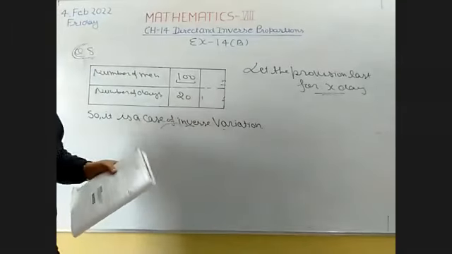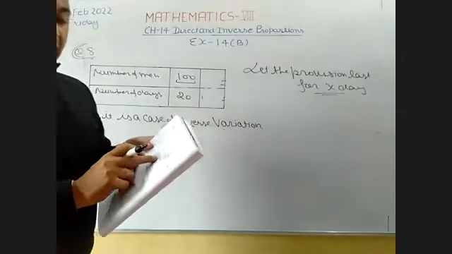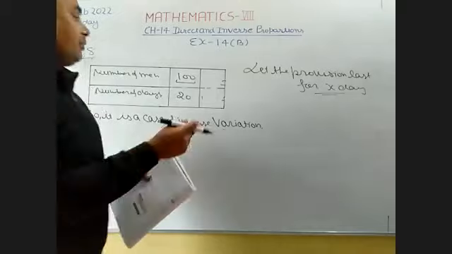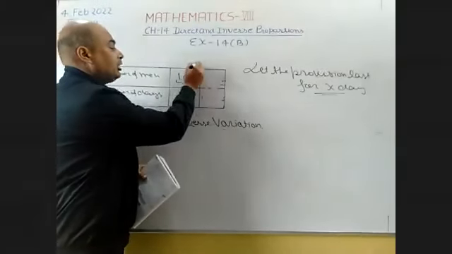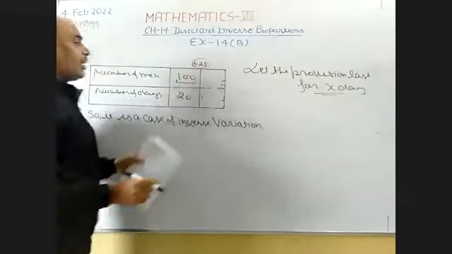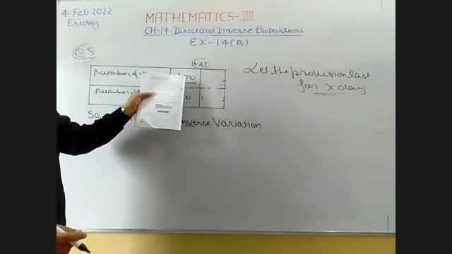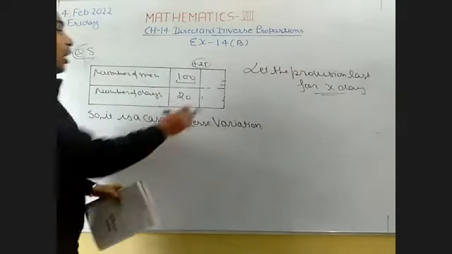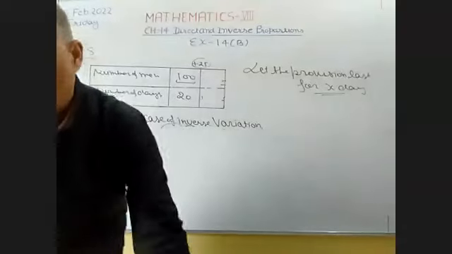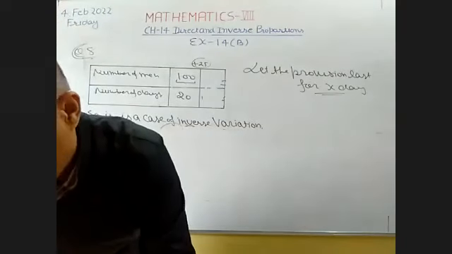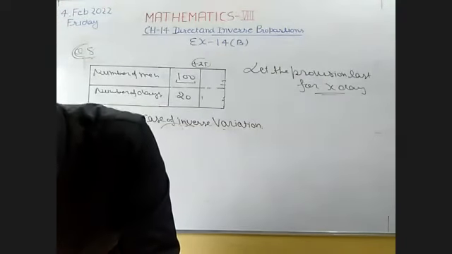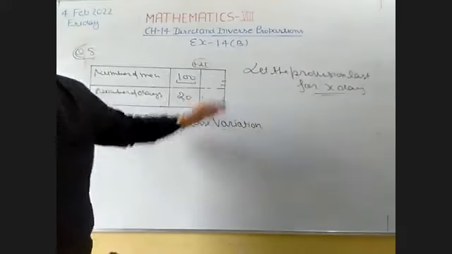Is it clear, beta? It means this number is increased by 25. If I increase the strength of men by 25, now tell how many men are there?